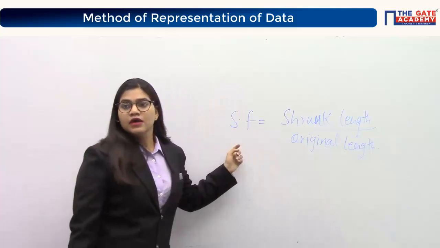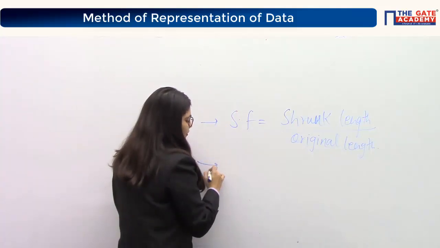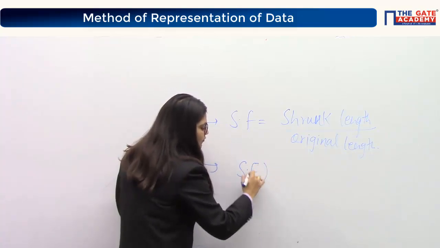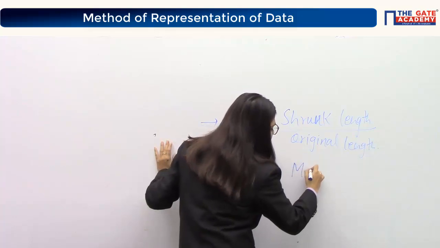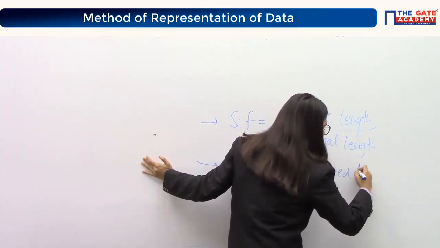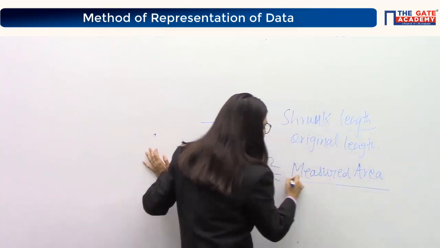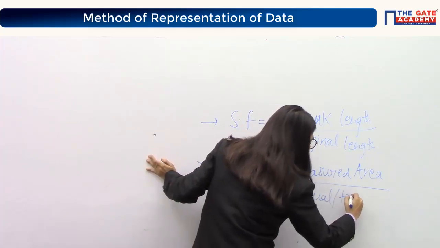If you talk for area, then shrinkage factor will be square of shrunk or the measured area divided by your actual or true area.